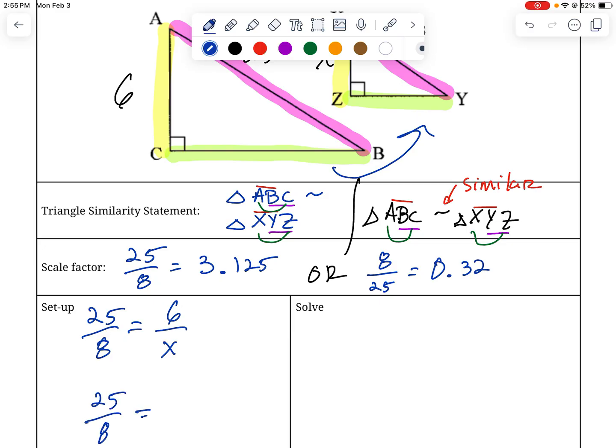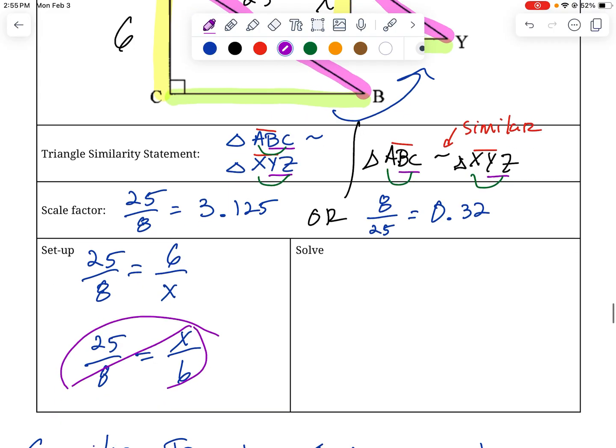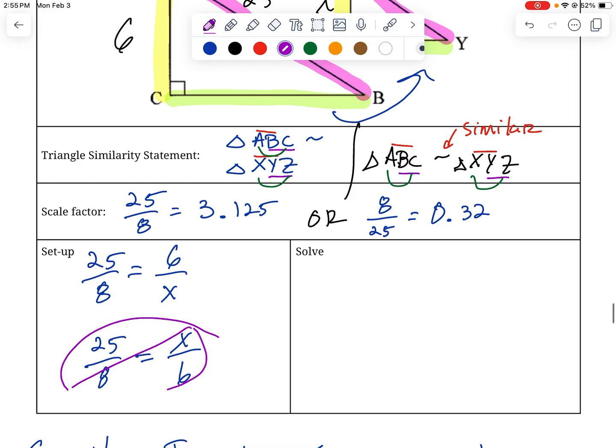You cannot do that. These are not the same thing. Don't do that. I can, however, say 8 over 25 is equal to X over 6.